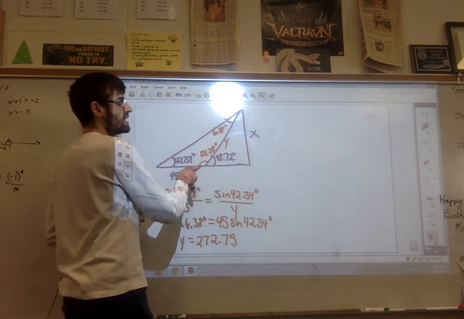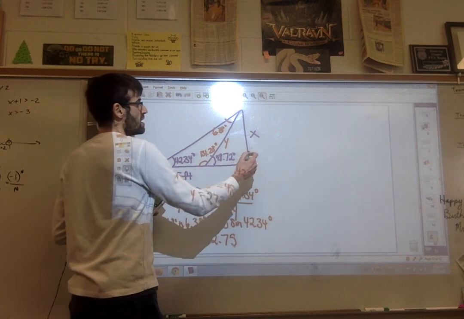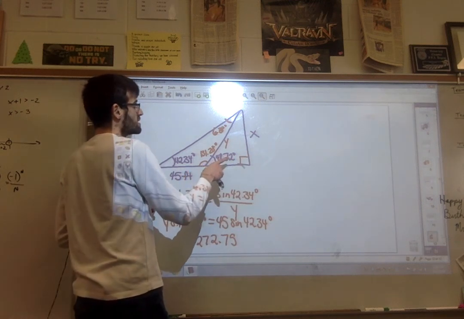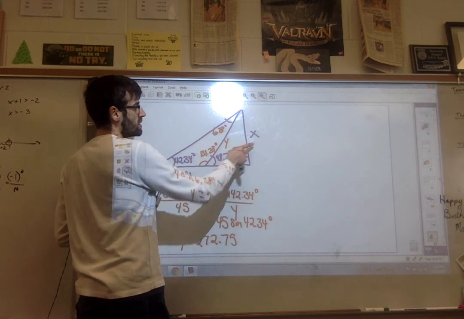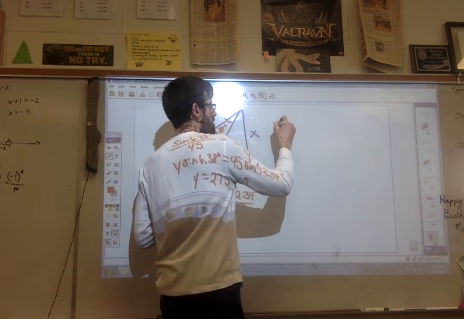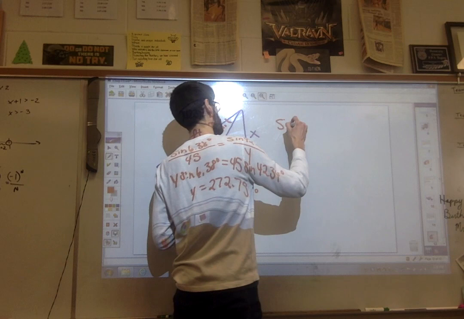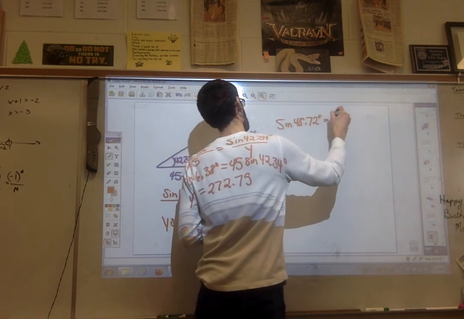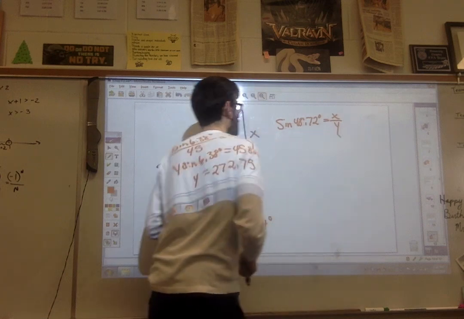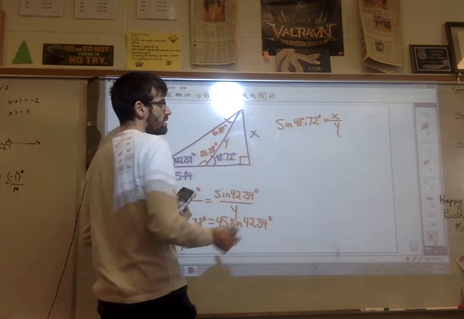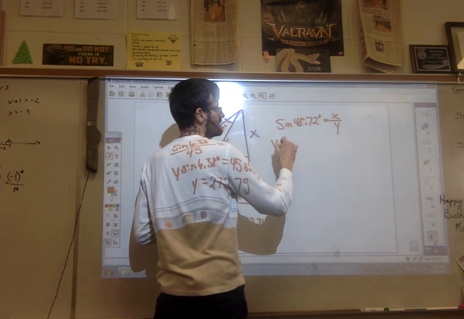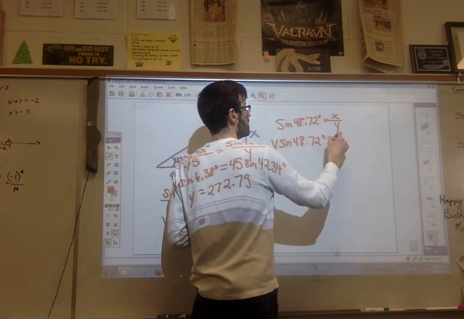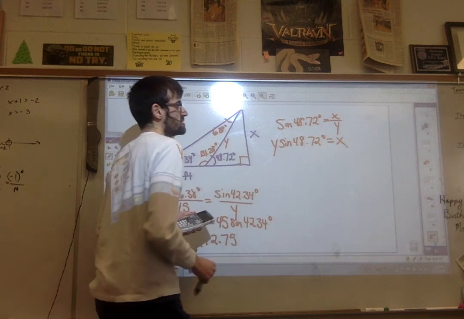The next thing I'm going to do is I'm going to set up a right triangle trig. This is going to be a sine function because the sine of 48.72 equals x over y. Then when I multiply, I'm going to have y sine of 48.72 equals x.